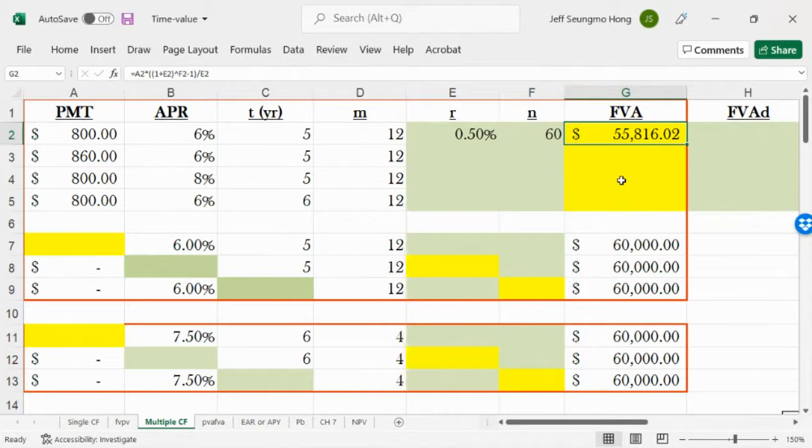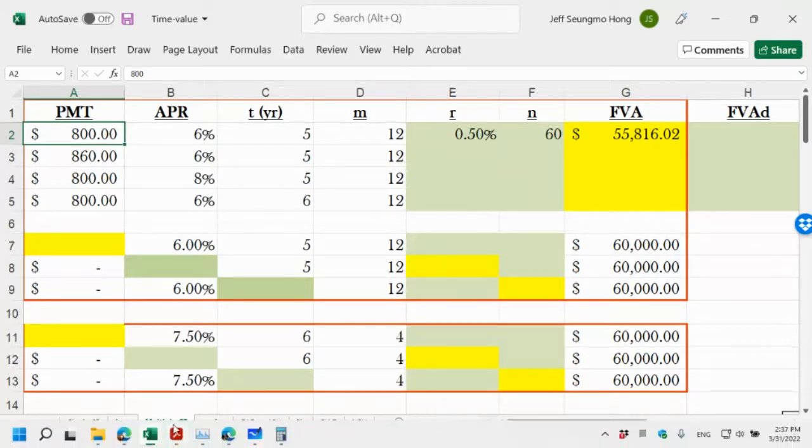The ultimate question is, if we make $800 deposits every month for the next 5 years or 60 months, are we going to be able to meet our goal? Isn't that right? The question is, are we going to be able to meet our goal? And what is our goal? Anyone? What's our goal?